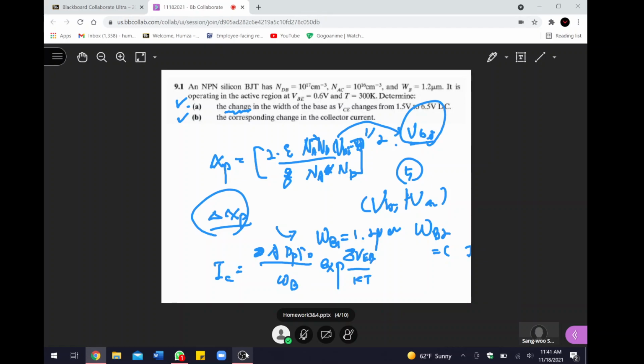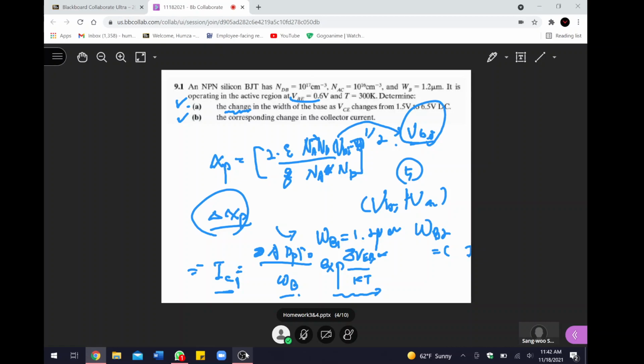Initially the device operates at the given VEB, so you have the number for q over kT, and with the doping and everything you have the initial collector current.